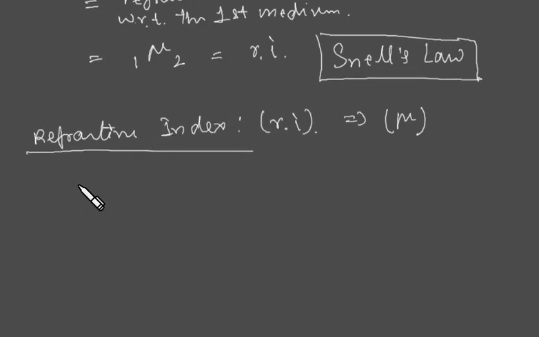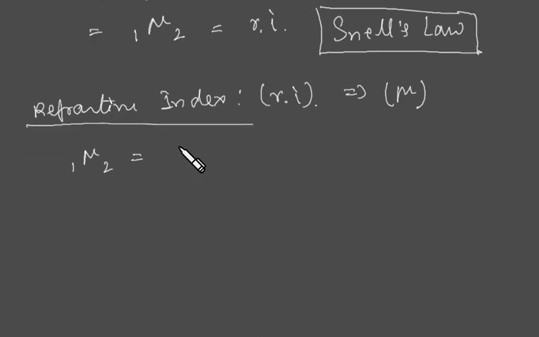So refractive index can be written as sine i by sine r, and can also be written as the velocity of light in the first medium to the velocity of light in the second medium. If the first medium is, let's say, air or vacuum, then it becomes c by v2, or v.